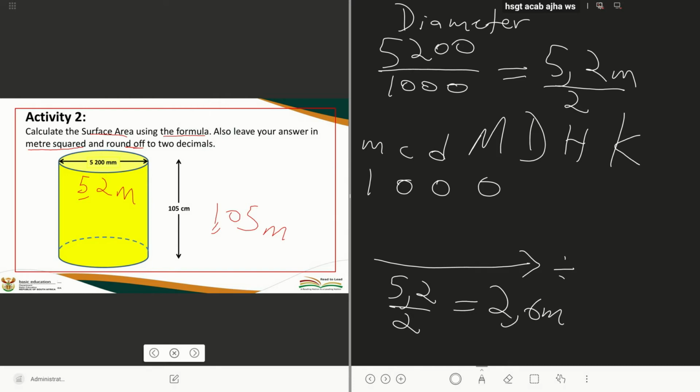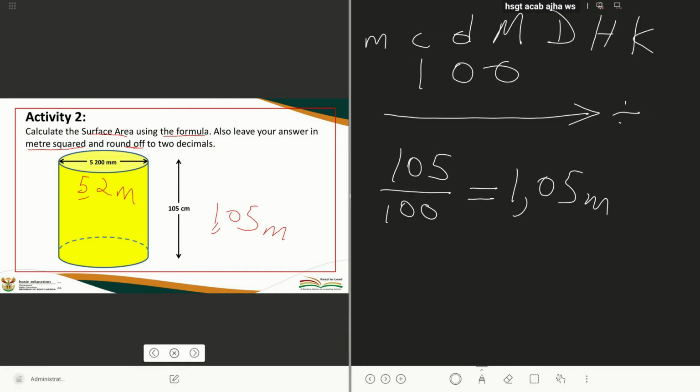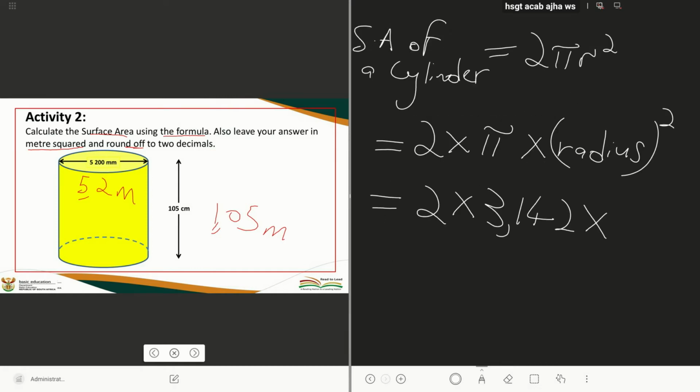That is our radius, the value for our radius. So it's going to be 2.6 meters. All of it squared. We take the brackets, that is very important in the exam. 2 multiplied by 3.142 multiplied by 2.6, all of it squared.